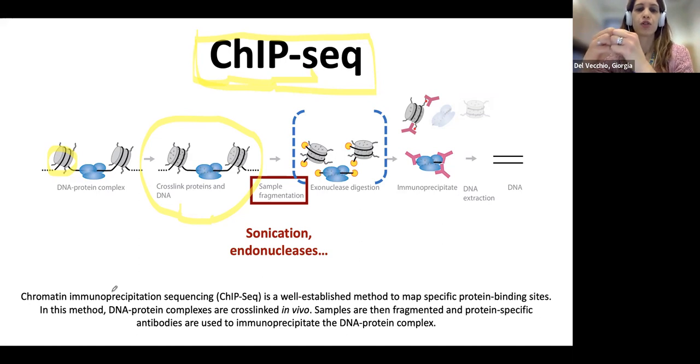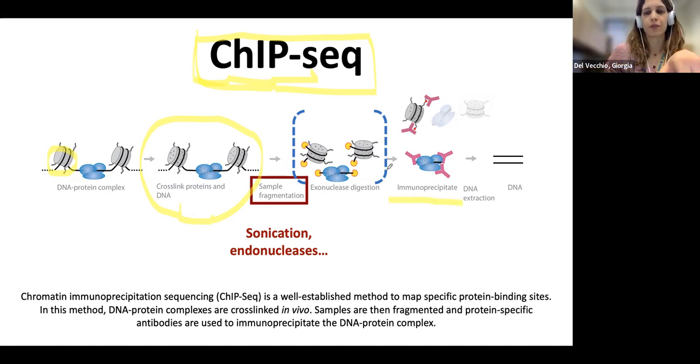And then we are going to sonicate the samples or use the endonuclease to fragment our chromatin. So we still have protein plus DNA after fragmentation. Then we are going to immunoprecipitate.